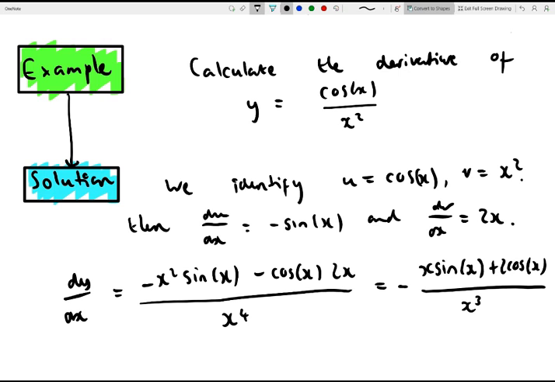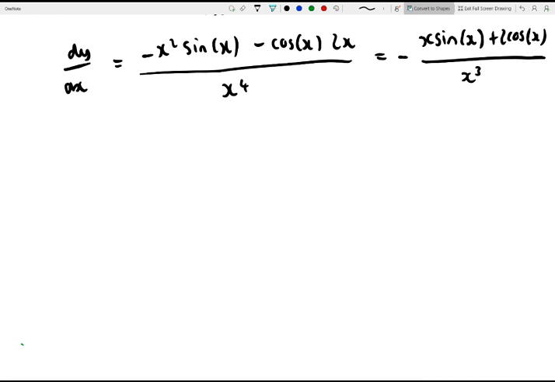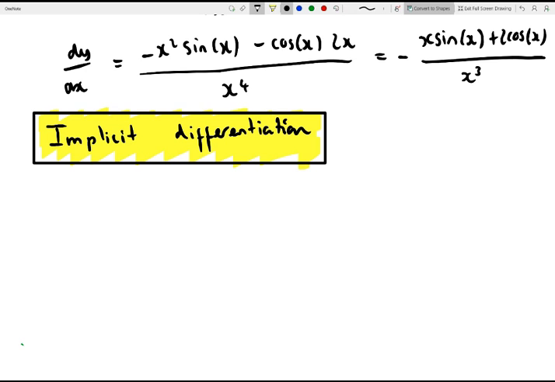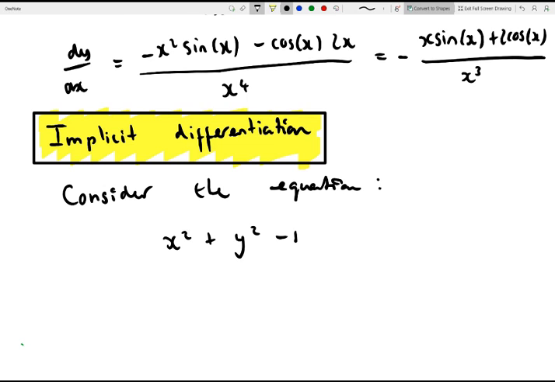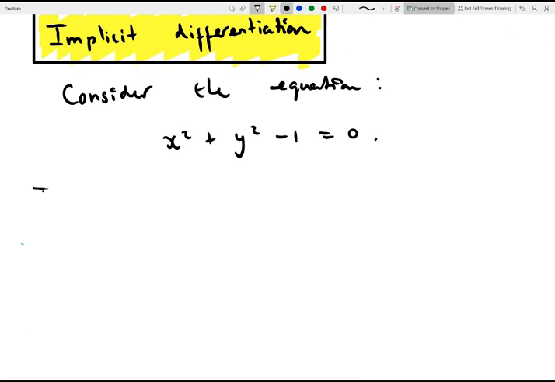Then the last topic we're going to talk about today is implicit differentiation. And if we consider the equation x squared plus y squared minus 1 equals 0, this is the equation of a circle, then let's look at the following statement.